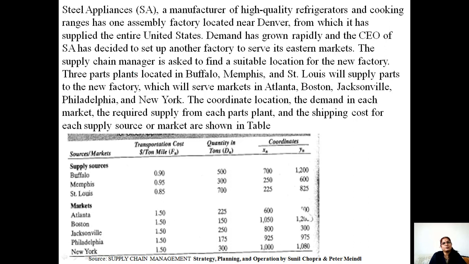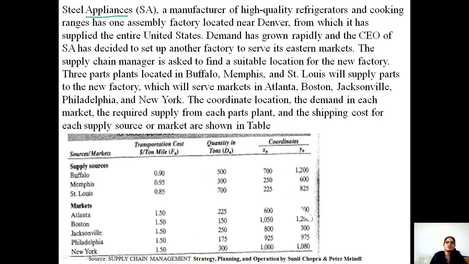To make things more clear, I have considered an example from the textbook, Supply Chain Management: Strategy, Planning and Operation by Professor Sunil Chopra. Now, let us say there is a manufacturer called Steel Appliances of high quality refrigerators and cooking ranges, which has one assembly factory located near Denver, from which it supplies the entire US.